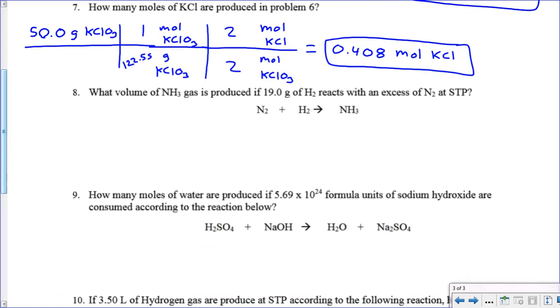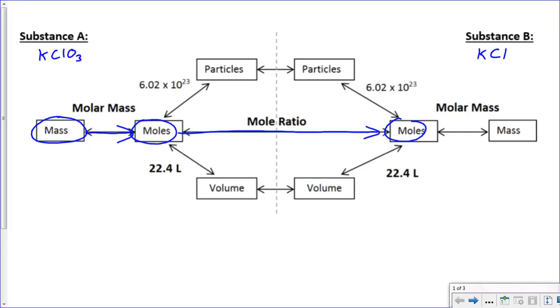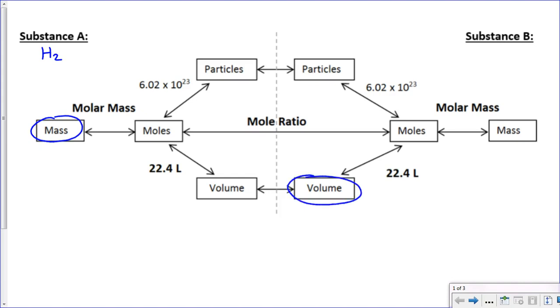All right, number 8 says, what volume of NH3 is produced from 19.0 grams of H2 with excess N2 at STP? So in this one, we're going from grams of H2, and we're trying to find volume of NH3. Showing you this little flow chart for this one. We're starting here with H2, and we're starting with the mass, and we're trying to get to volume, which is liters for our NH3.